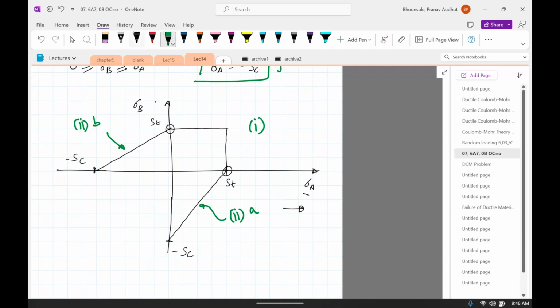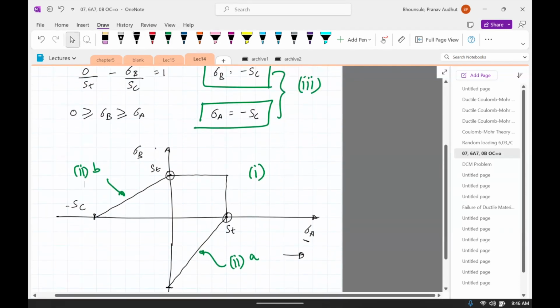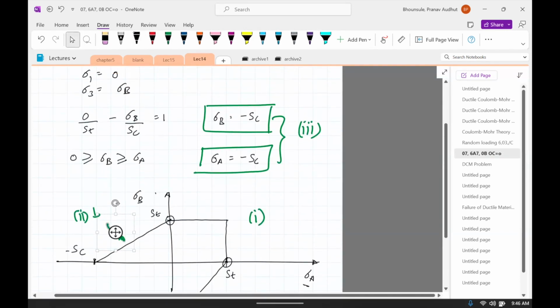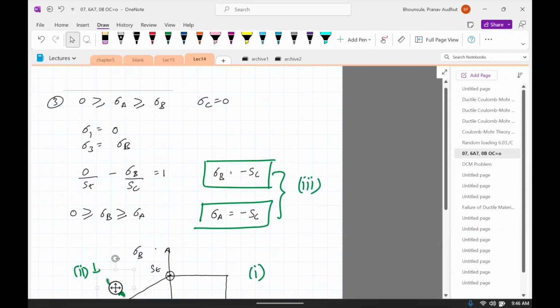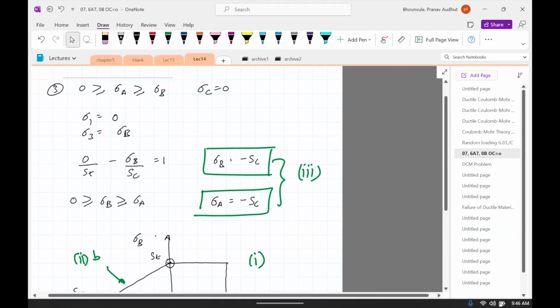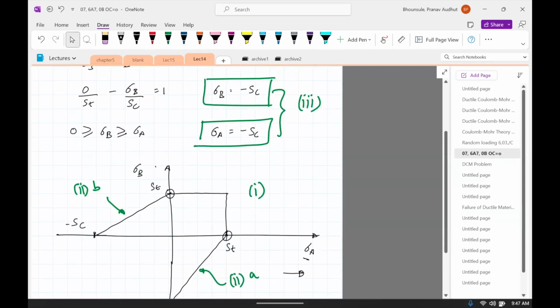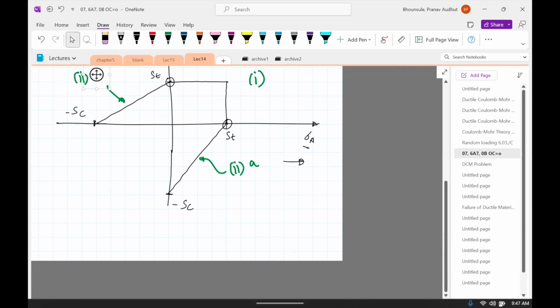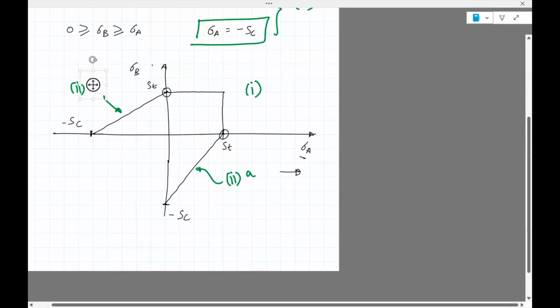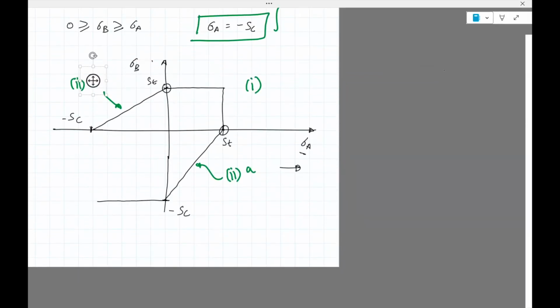This is 2B. And the final thing left is equation 3. We see this corresponds to both sigma A and sigma B being less than 0. So that would be the third quadrant, this quadrant. Both of them are negative. And then we also see that the value is minus SC for sigma A and minus SC for sigma B. So all I need to do here is draw a straight line.